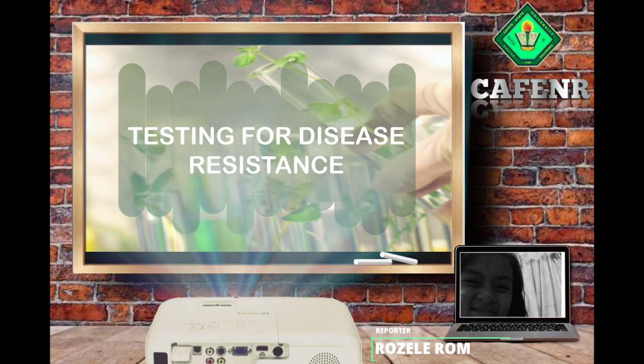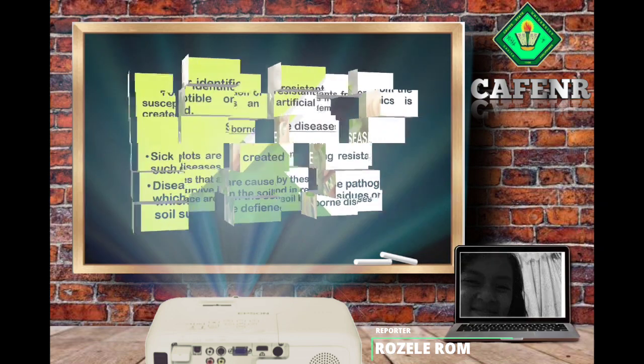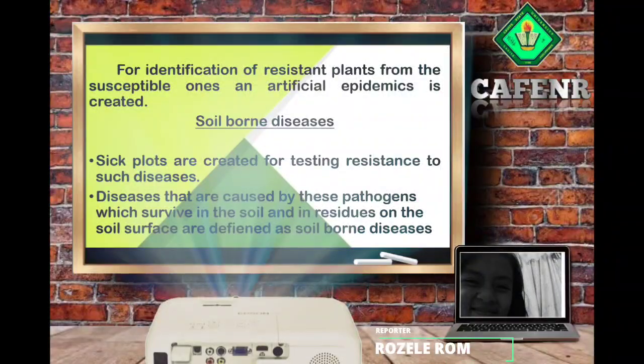Testing for disease resistance. For identification of resistant plants from the susceptible ones, an artificial epidemic is created. The soil-borne diseases. Sick plots are created for testing resistance to such diseases.